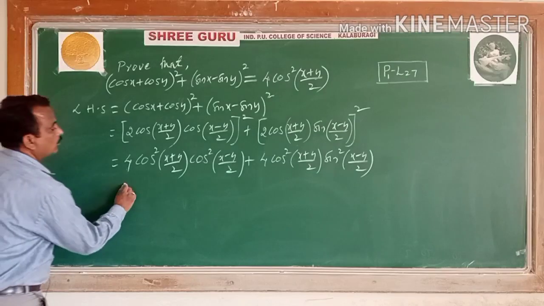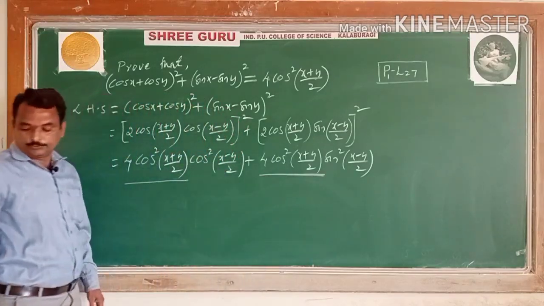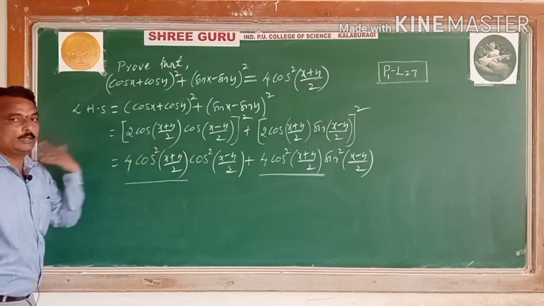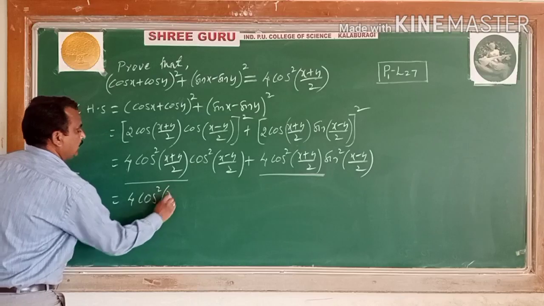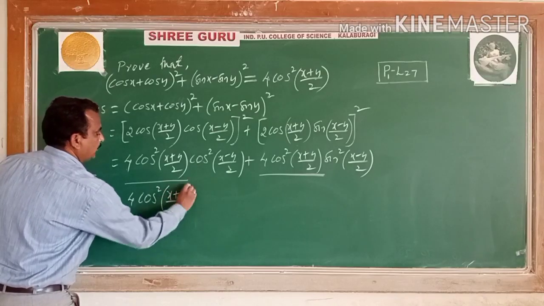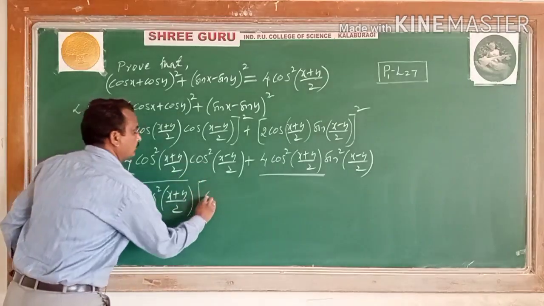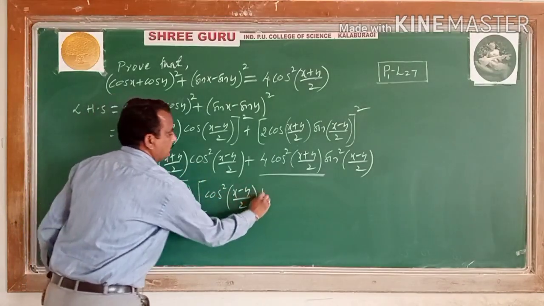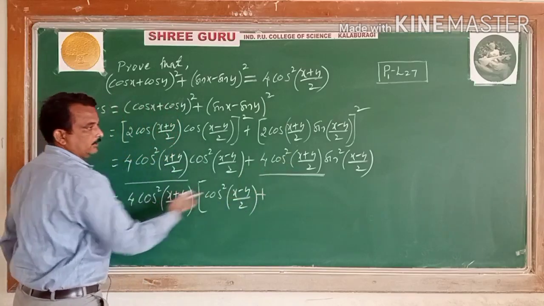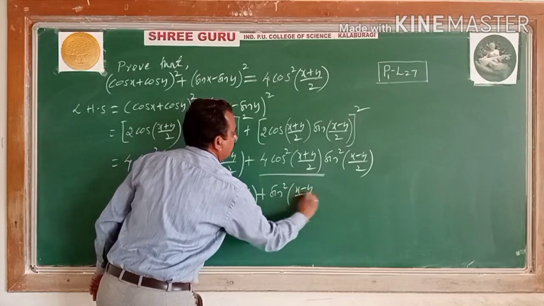Is 4 cos square of (x plus y) by 2 a common term? Let us take it common outside. Then you write the remaining terms: cos square of (x minus y) by 2 plus sin square of (x minus y) by 2.